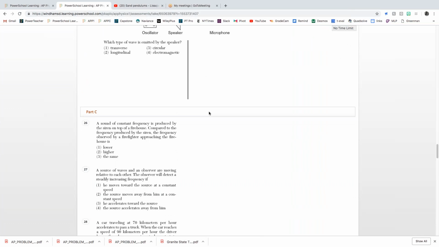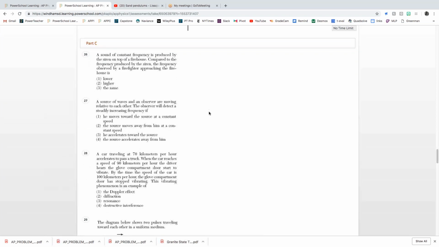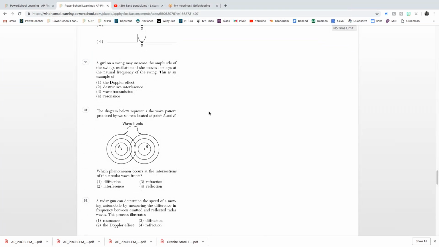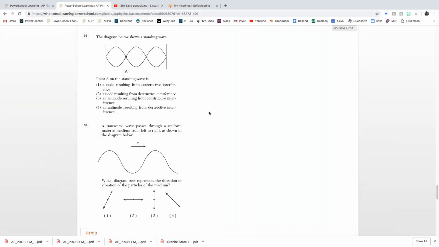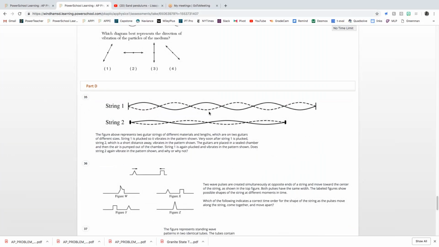Corinne, do you remember what part it was in, A, B, or C? Let's see here. Is it question 35 here for me, that shows two strings? There are different materials and lengths, which are different sizes. String 1 is plucked. Okay, there we go.